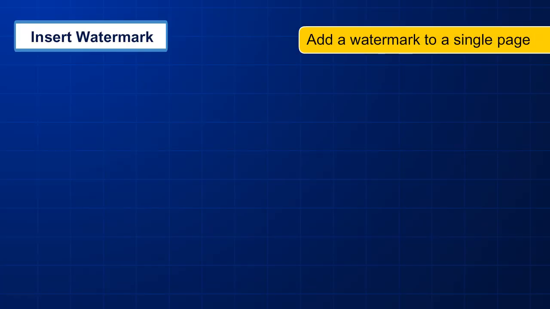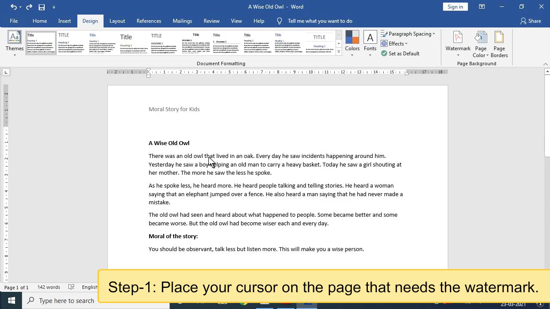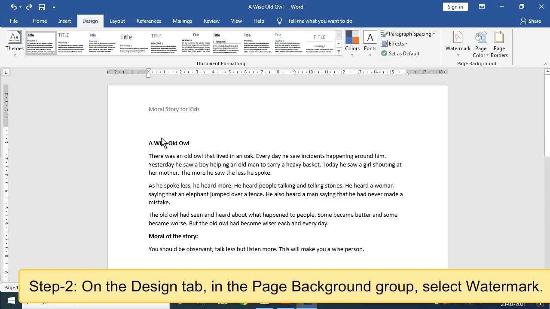Add a watermark to a single page. You can add a watermark, such as confidential, to a single page in a document. To add a watermark to a single page, take the following steps. Step 1. Place your cursor on the page that needs the watermark. Step 2.